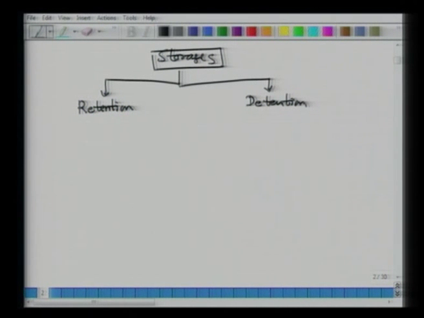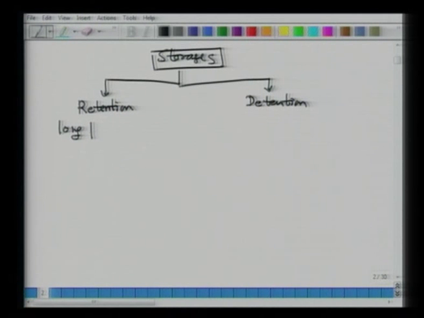What is the difference between retention and detention? As the name suggests, in the retention storage, the water gets stored in that particular storage for long periods. All right. So, water is retained for a longer duration, and how is it depleted?